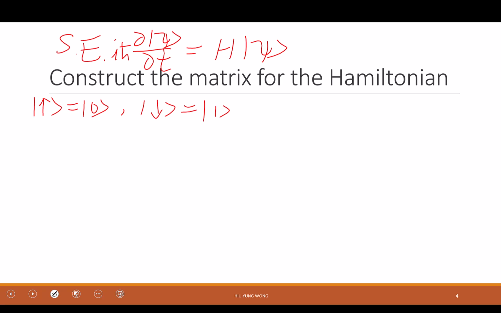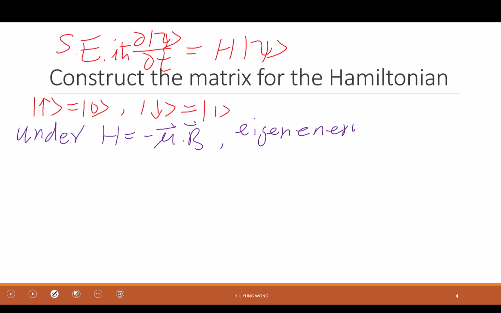Let's say it is under H equals negative mu dot B. Under this Hamiltonian, what is the eigenenergy of 0, which basically is the eigenvalue of H? What is that?